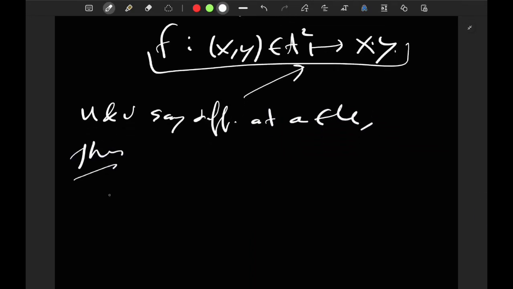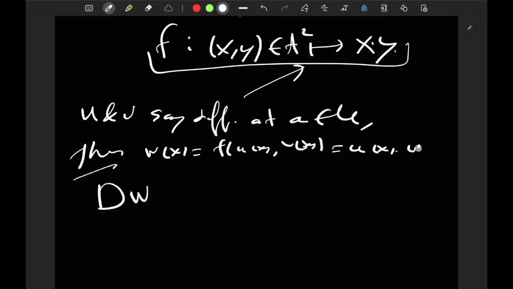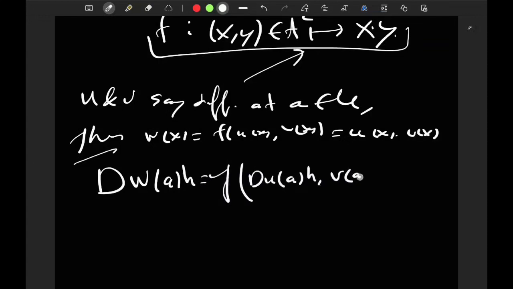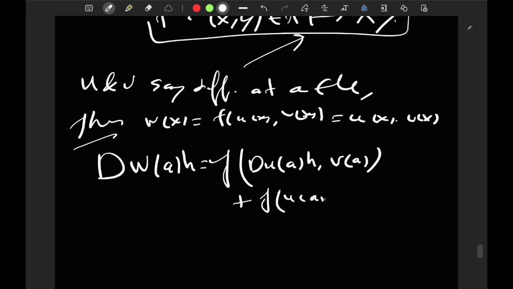then I can apply the above proposition to say that the derivative of the map w, which we defined as w of x being f of u of x, v of x, which for us here is just u of x times v of x, the derivative of w at a, applied to h, is just f of du at a h, v of a, plus f of u of a, dv at a h.